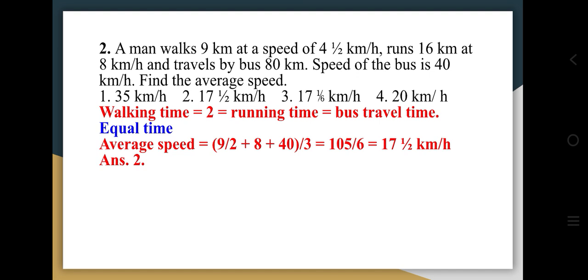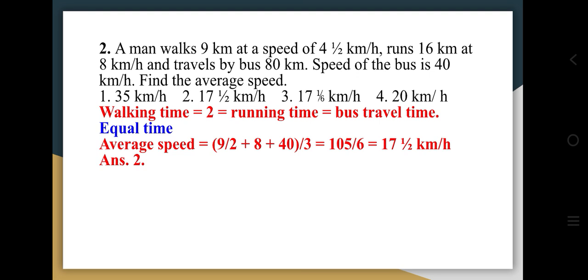So the average speed is the usual average. Here we have three speeds, namely 4.5 kilometer, which is 9 by 2, the second speed is 8 kilometer, the third speed is 40 kilometer. So we have to find the usual mean or arithmetic mean of 9 by 2, 8 and 40.